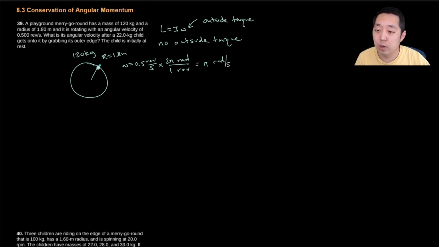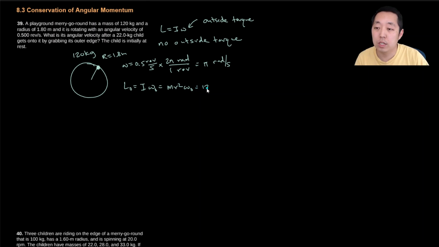The child has no angular momentum to begin with. So the initial angular momentum is just I times omega naught. We don't know I here, but we're going to have to assume something about it. Let's assume this is a disk. And so this is mr squared for I times omega naught.